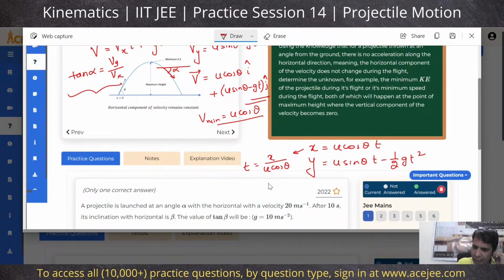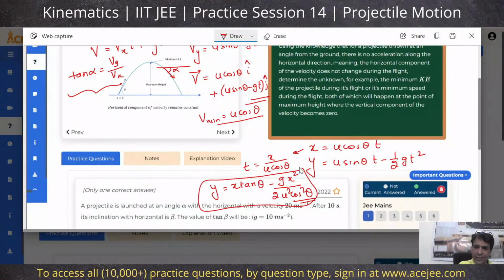Substituting that in, you get y equals x tan theta minus g x squared upon 2 u squared cos squared theta. So this is your equation of trajectory. It's only in x and y, the initial launch angle and the initial velocity. Are we clear?